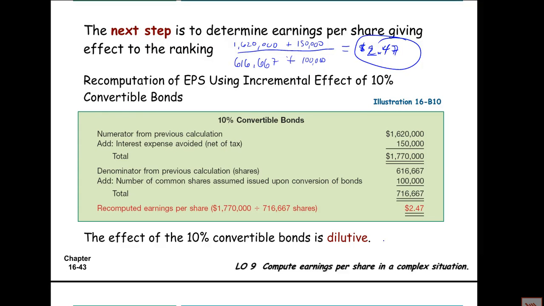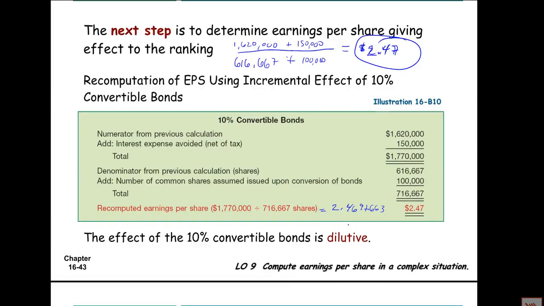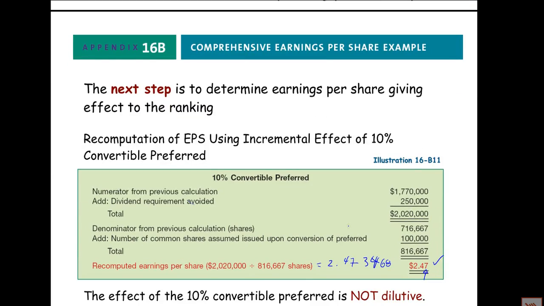And let's look at the one from above. 1,770,000 over 716,667, divide. This equals 2.4697663. So if we look at these two, 2.47 and 2.46, it did in fact increase, just not at the level of a penny.